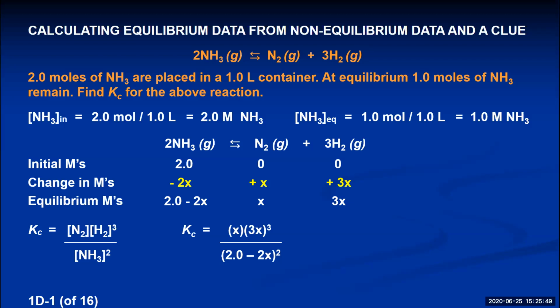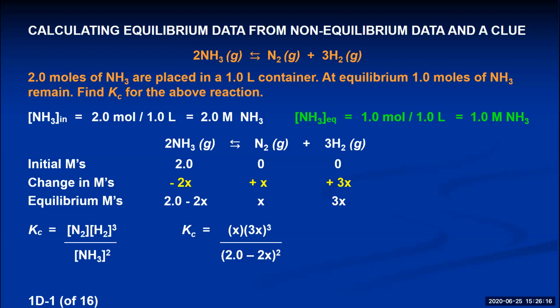Now, the problem here is we have two variables, and as soon as you have an algebraic expression with two variables, you need to search out a clue somewhere in the problem that's going to let you calculate the first variable so you can find the second. We need a clue to calculate x so that we can answer the question and calculate what the Kc is. And the value for x is going to come from this extra bit of information that was given in the second sentence.